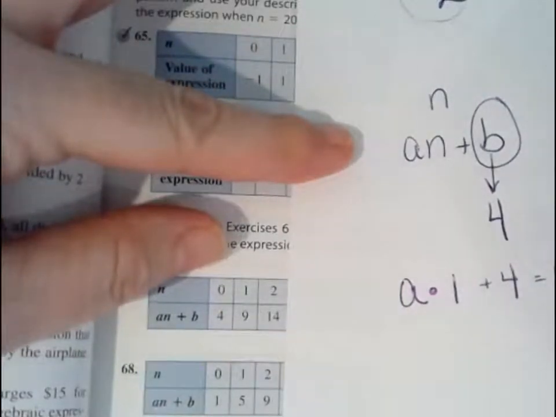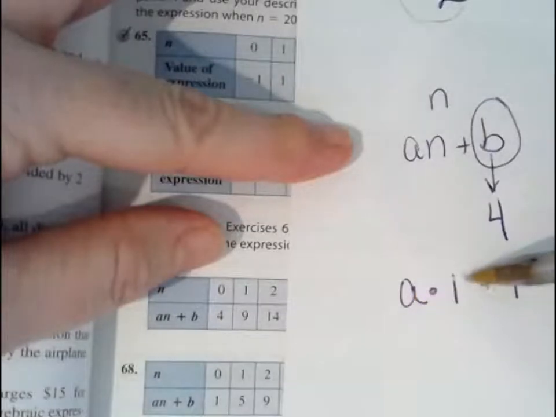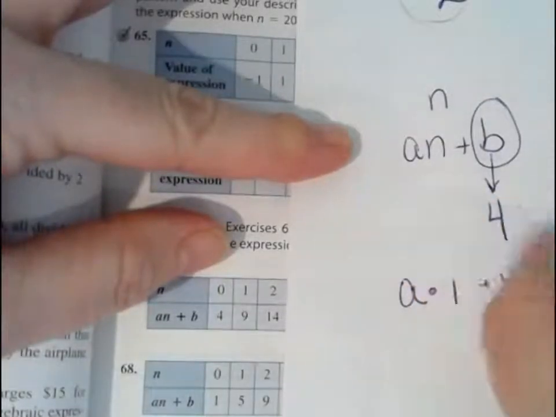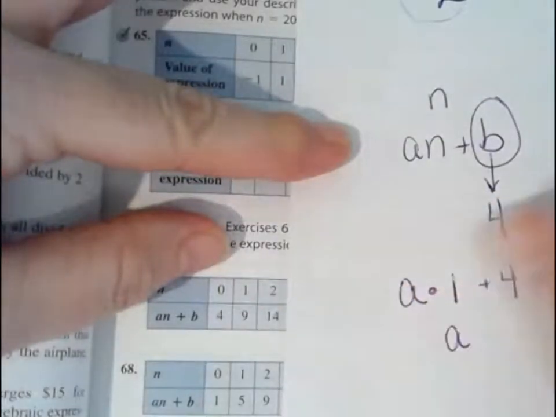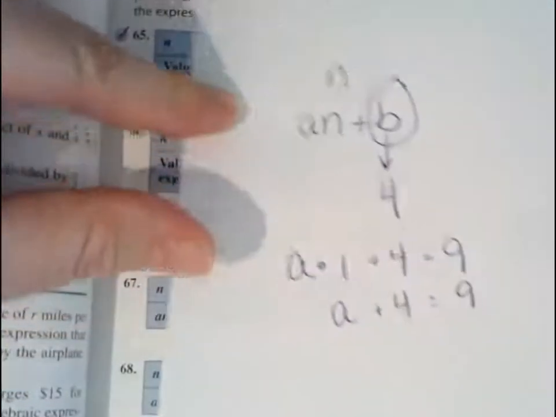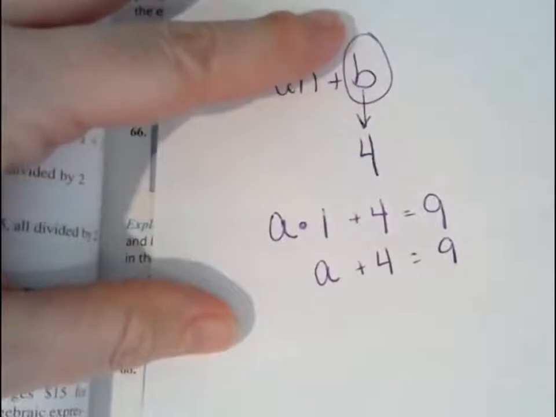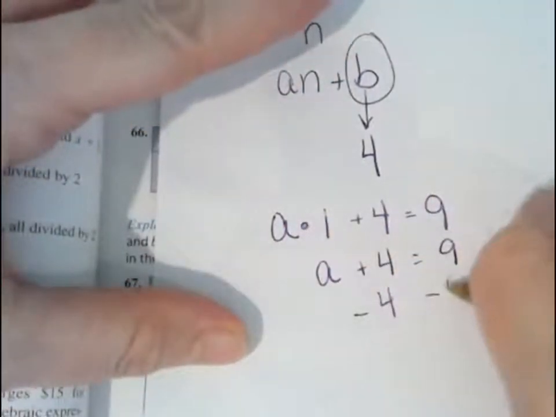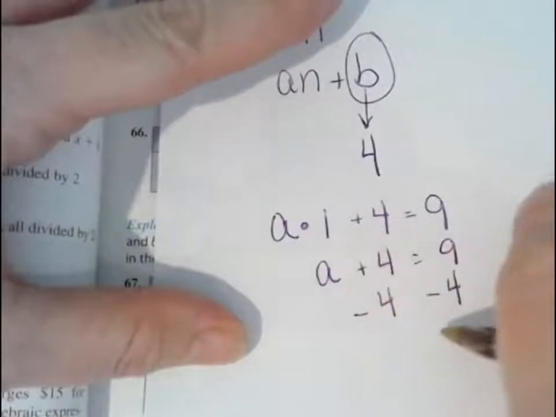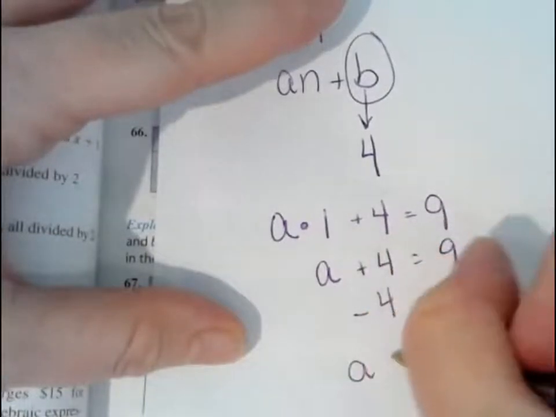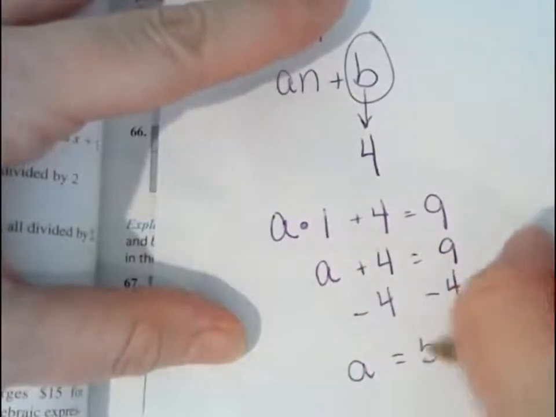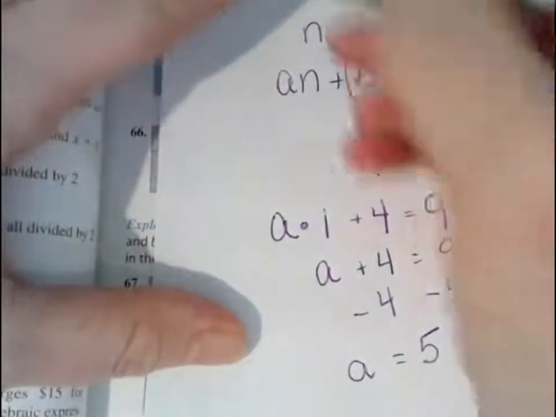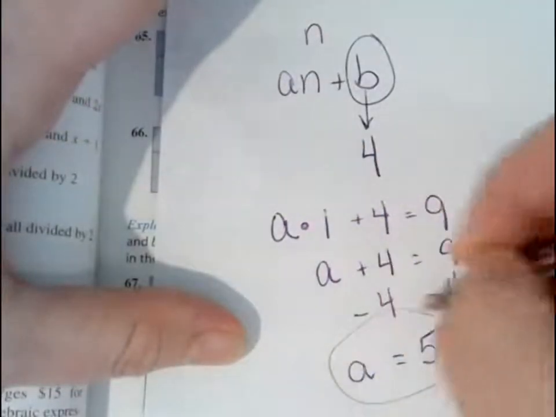A times 1 is just a, right? So a plus 4 equals 9. Just like with any algebraic equation that we need to solve, we subtract 4 from both sides, then a equals 9 minus 4, which is 5. So now we know what a is.